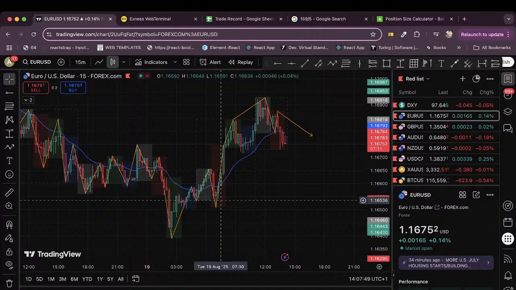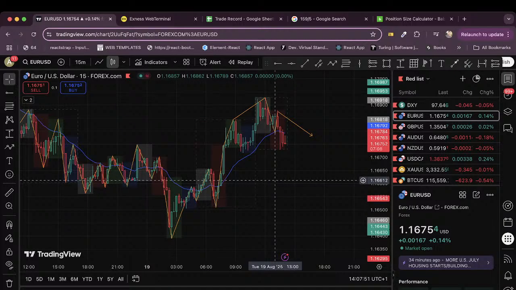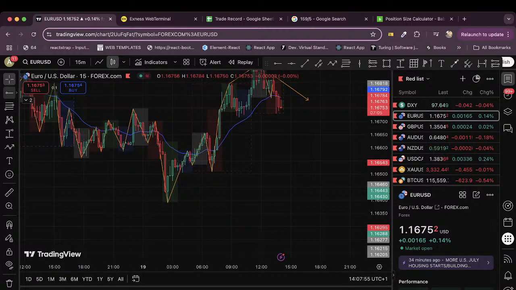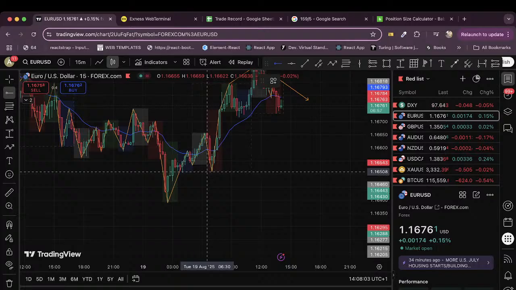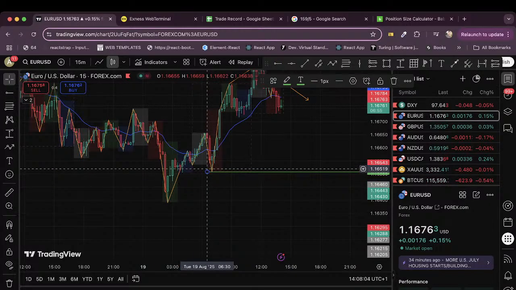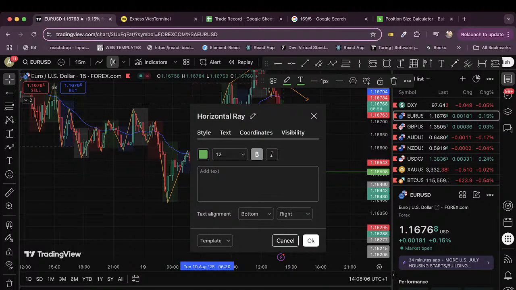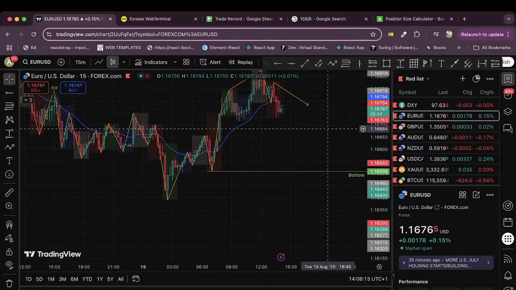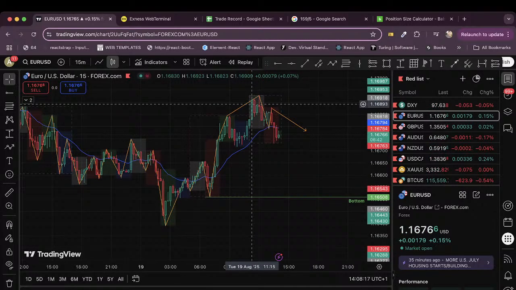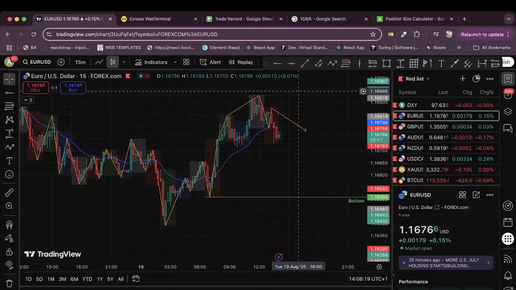All right. So for me, the main low, I might be wrong, I actually think there's a swing here, but there was no test on our EMA, that's why I'm freestyling that. So I would say this is the bottom, and maybe I can maintain that this is the top here for me.